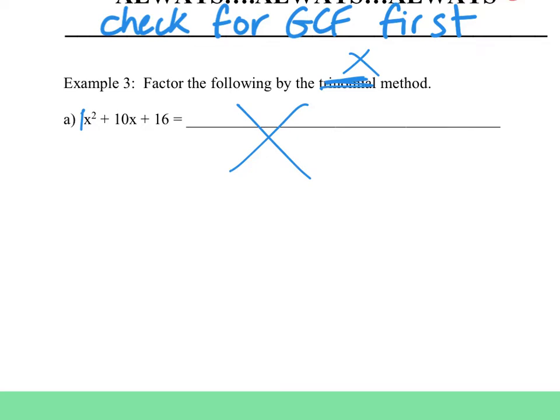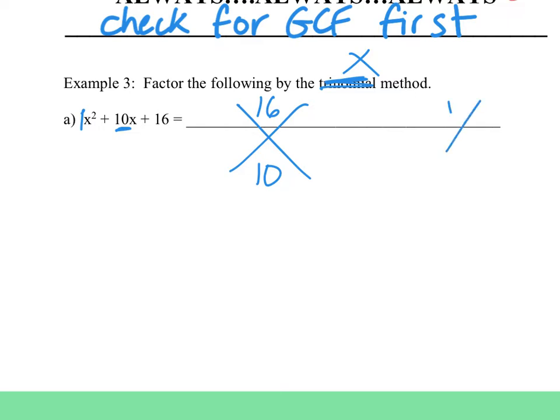So 1 times 16. 16. Good. You with me so far? Cool. In the bottom of my x, anybody remember what I put there? 10, the middle term, right? Middle coefficient. Yeah. Cool.